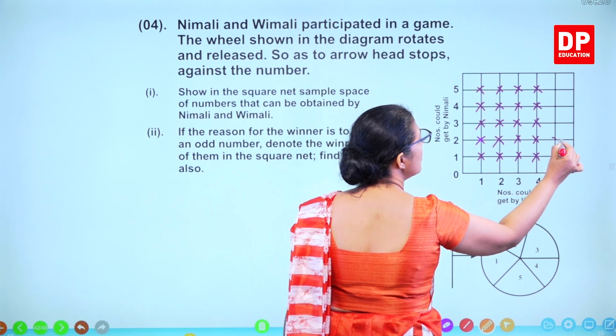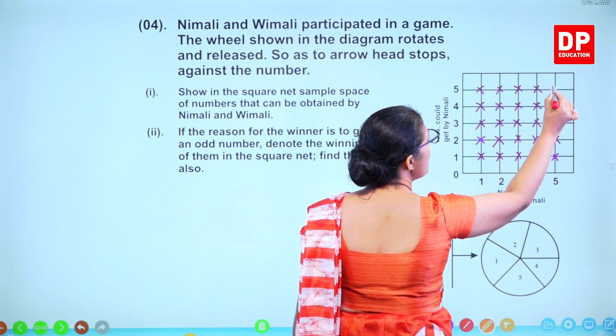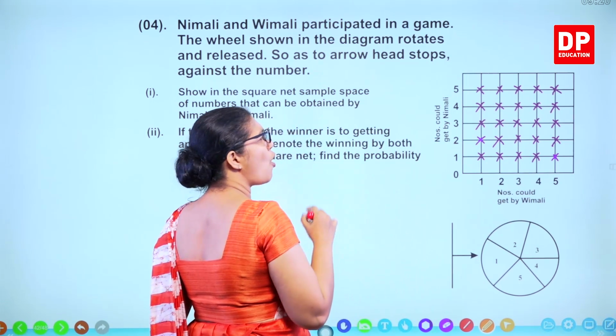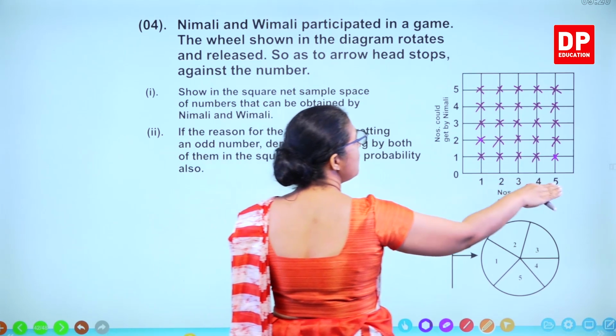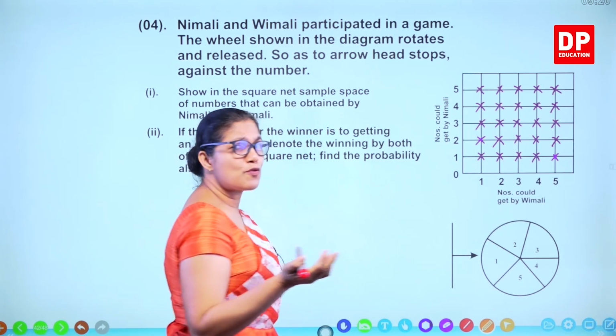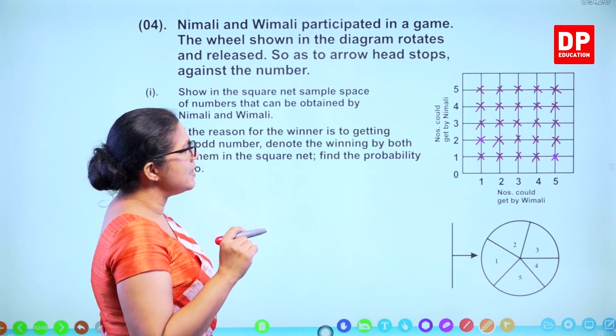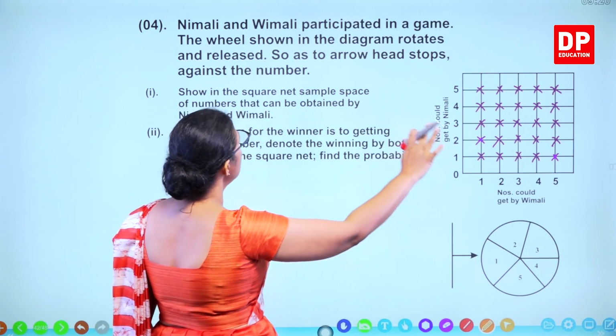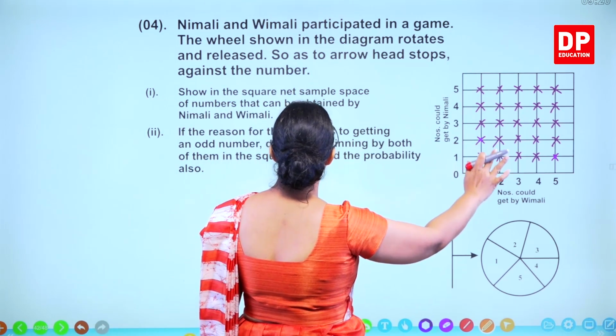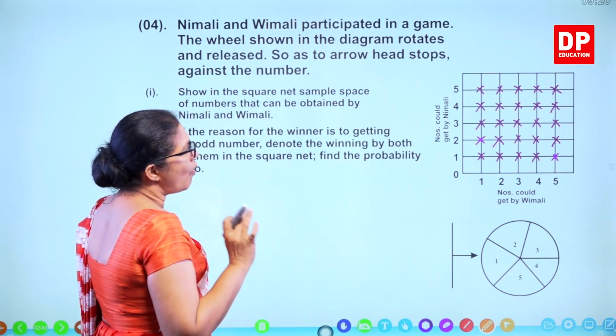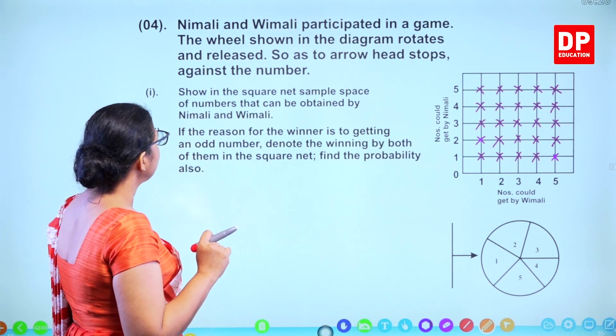Here also same thing. So how many possibilities are there? All together 5 this way and 5 this way. 5 times 5, 25 possibilities are there. So this is the sample space diagram. So all possibilities we marked.